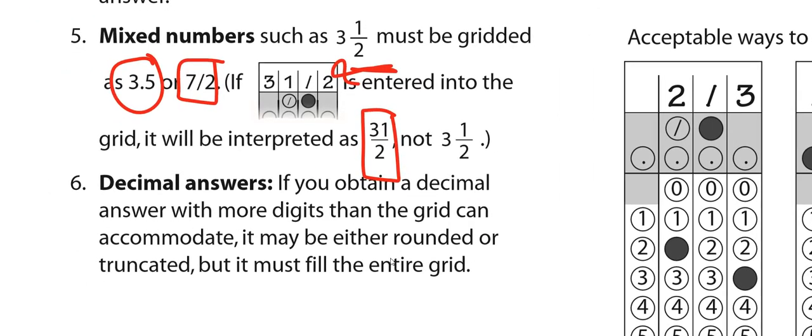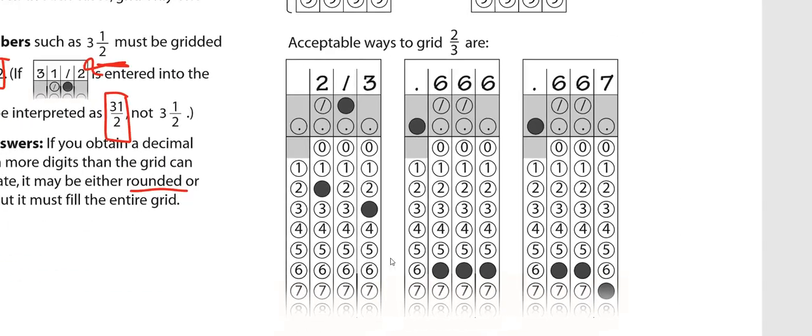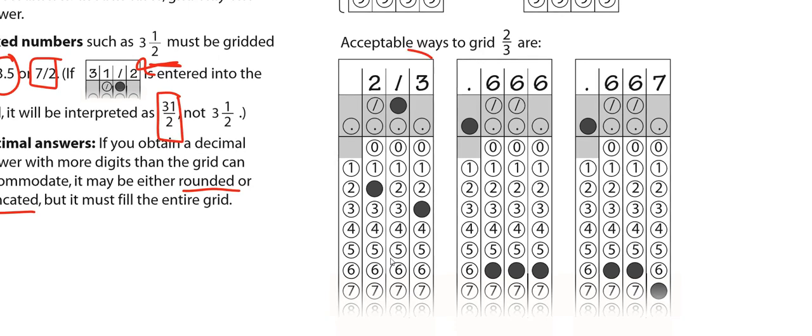Decimal answers. If you obtain a decimal answer with more digits than the grid can accommodate, it may be either rounded or truncated. Now, I'm pretty sure you guys know what rounding is, but I'm not so sure you know what truncating is. Let me give you an example. Suppose the answer to the question was 2/3. One acceptable answer is to write it in its fraction form. You can do that. You're never going to go wrong.